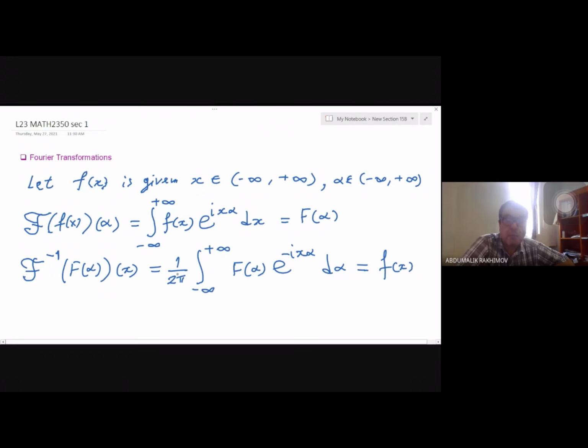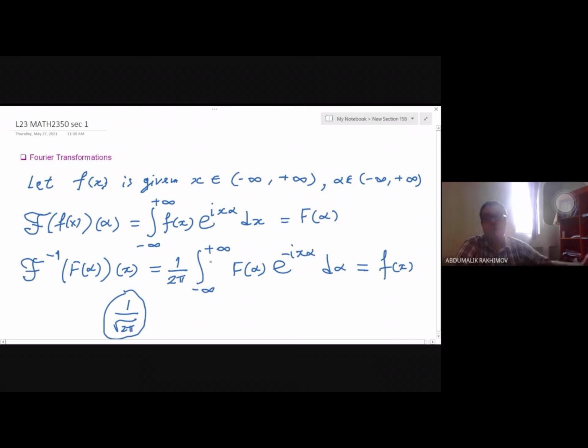In some textbooks, they write in both integrals, instead of 1/2 pi, 1/√(2 pi). They write this in the Fourier transformation, and the inverse also. They write the same. So it means 1/2 pi, they distribute into the integrals.